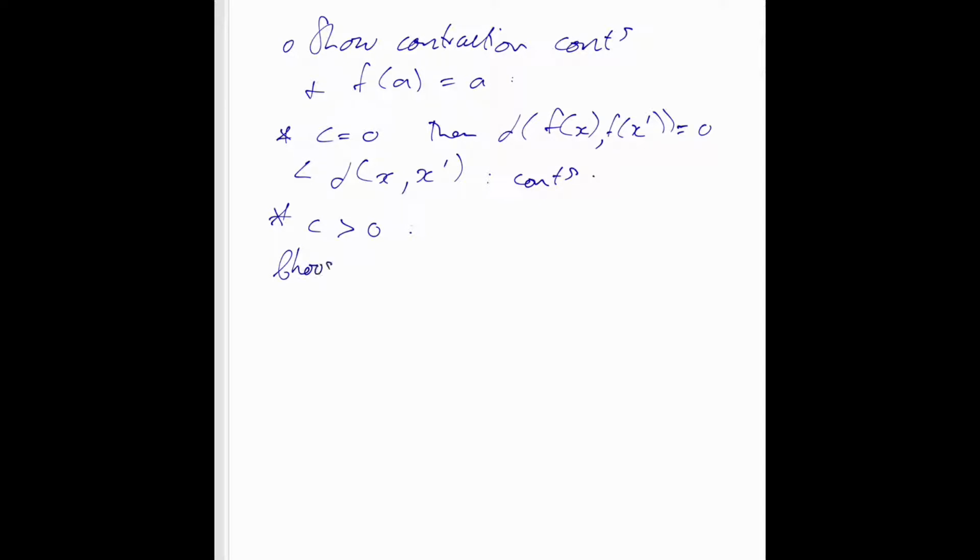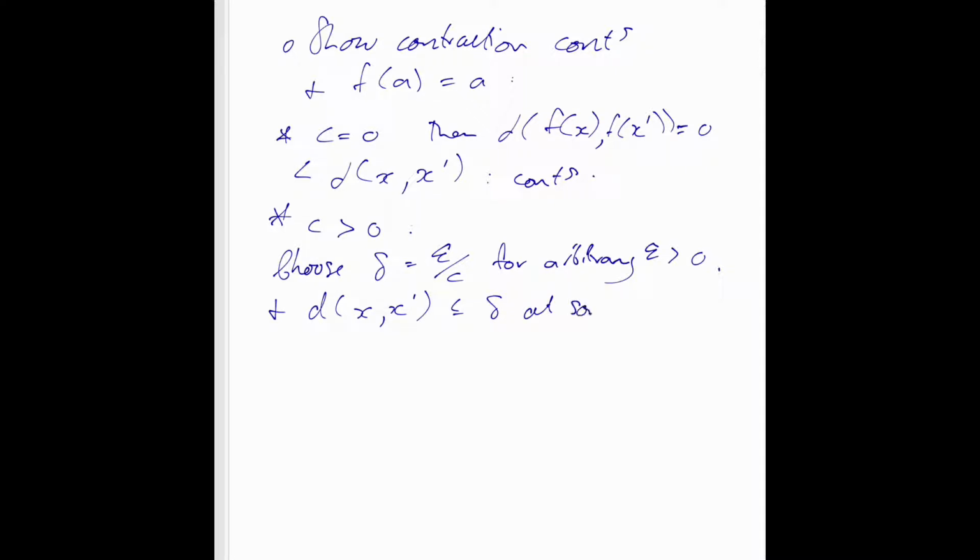we can choose a number delta, which we set equal to epsilon over c for any epsilon greater than 0. And we can choose a high enough iteration of the x prime interval such that the distance between x and x prime will be less than delta at that iteration.